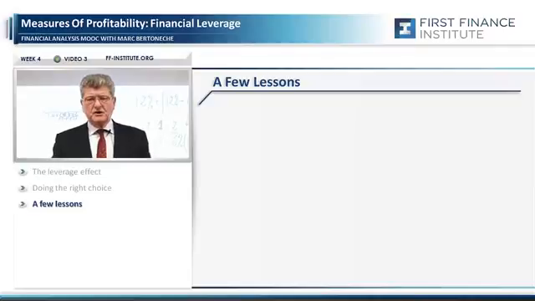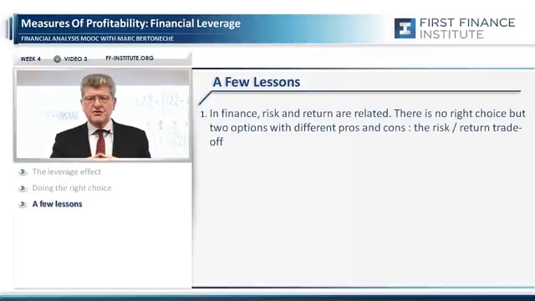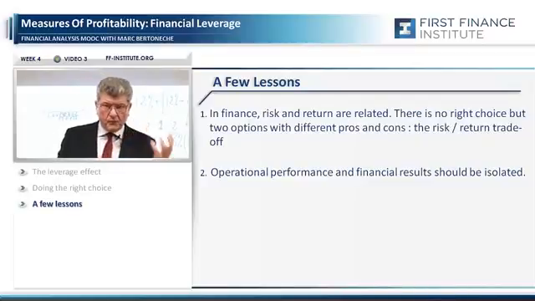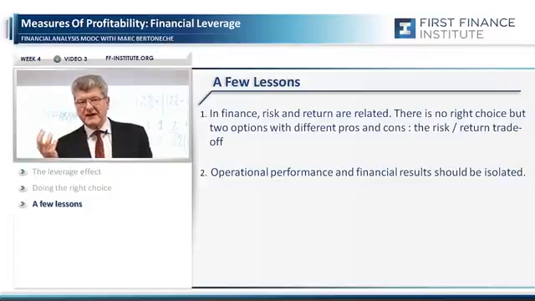A few lessons, on which we'll come back in the next video, video 4, can be derived from the introduction of the leverage effect. First, always think in terms of risk-return trade-off. Finance is a risk-return trade-off problem. Second, it is crucial to separate, in the return for an investor, for a shareholder, what is coming from operations and what is coming from financing.